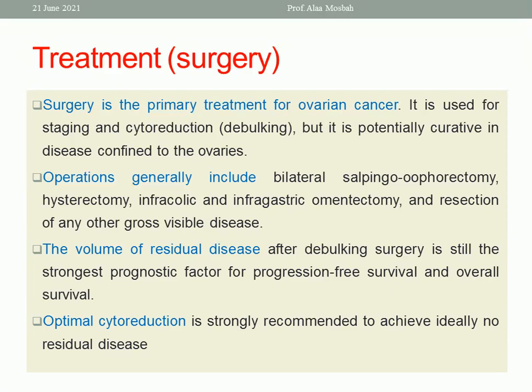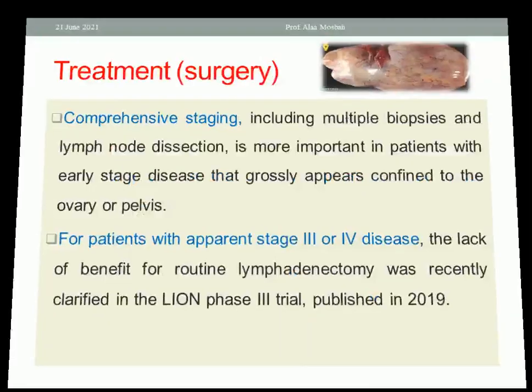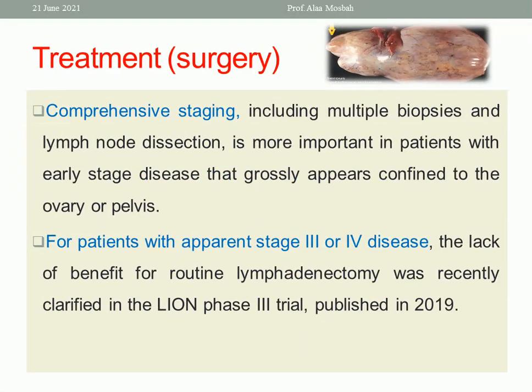While in late stage disease, we concentrate on the debulking surgery, the infracolic and infragastric omentectomy, and the resection of any other gross visible disease, but not the lymph nodes, because a clinical trial, the LION phase 3 trial published in 2019, found in patients with stage 3 or 4 a lack of benefit for routine lymphadenectomy.